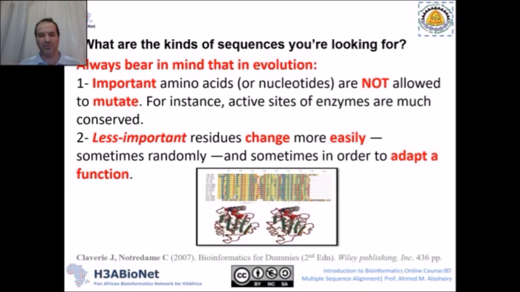And the places and sequences which are less important can usually be mutated easily, and that's why they are less conserved. So this is something we have to keep always in mind. Important, conserved regions usually have features, and places which are less conserved or easily changed usually do not have very important features.